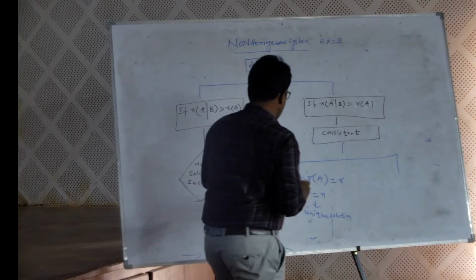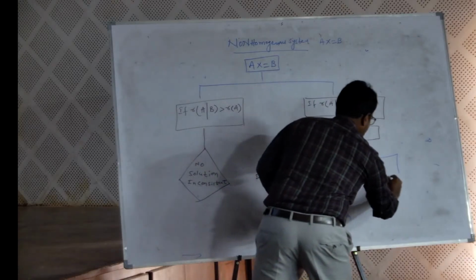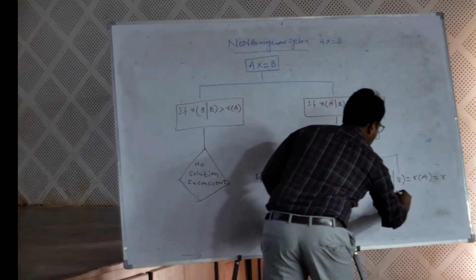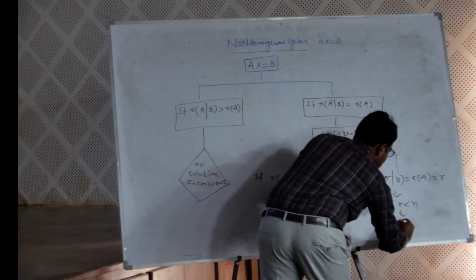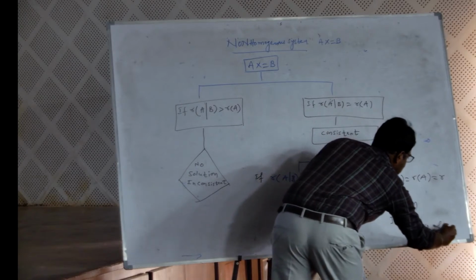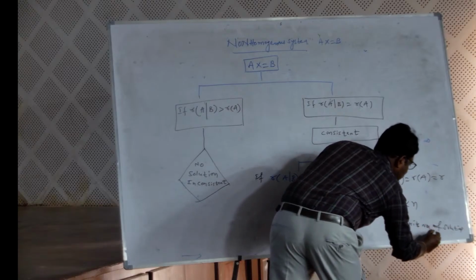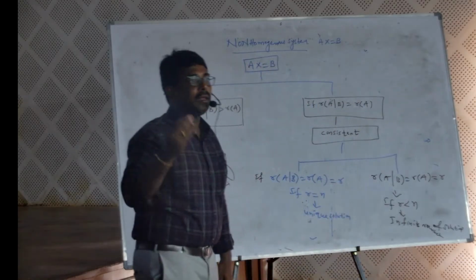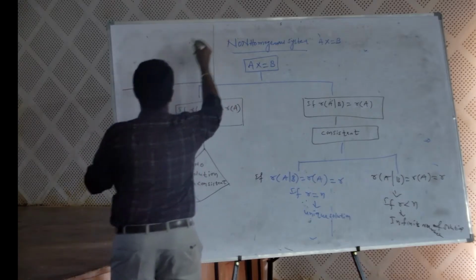Once again, if rank of A by B and rank of A equal to R, and if rank is less than N, that gives which solutions? Infinite number of solutions. I explained. See here, I'm writing, please don't copy.